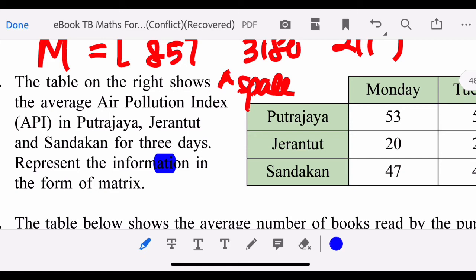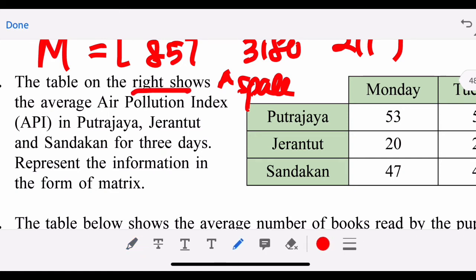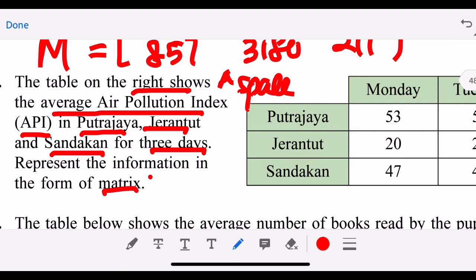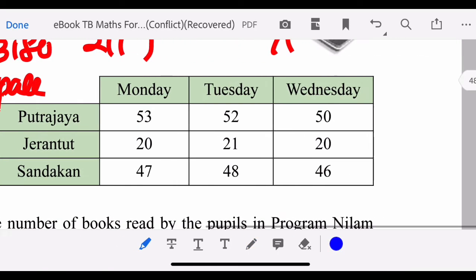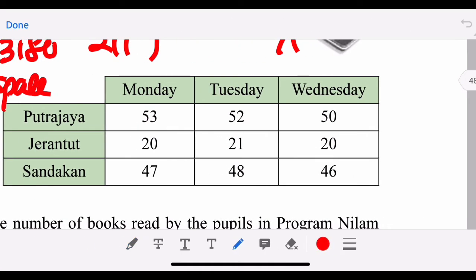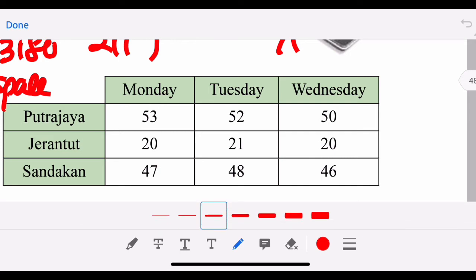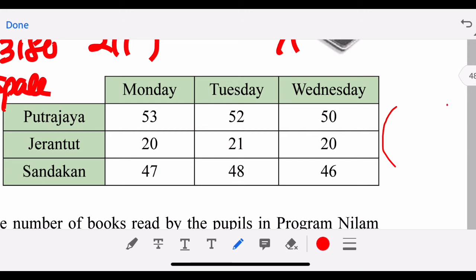Now the table on the right shows the average air pollution index (API) in Putrajaya, Jerantut, and Sandakan for 3 days. Represent the information in matrix. So it's quite simple, right? How you convert to matrix is you just write the matrix in brackets like this.